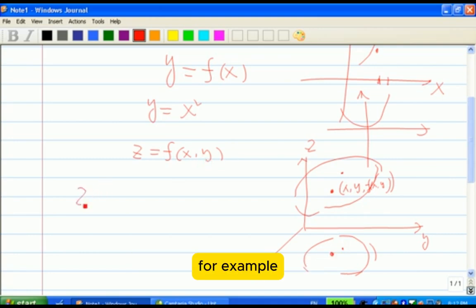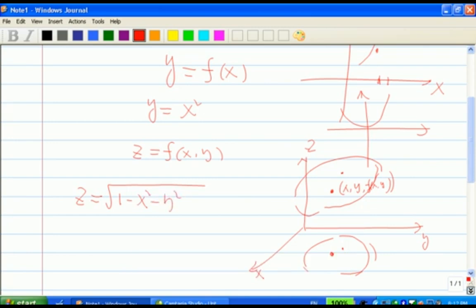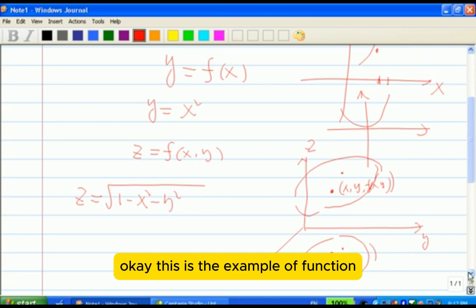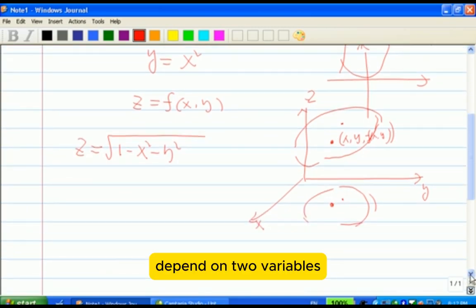For example, z equal to the square root of 1 minus x squared minus y squared. This is an example of a function that depends on two variables.